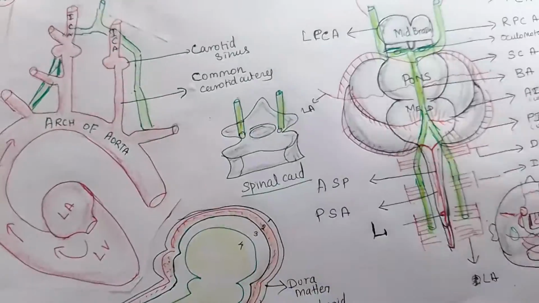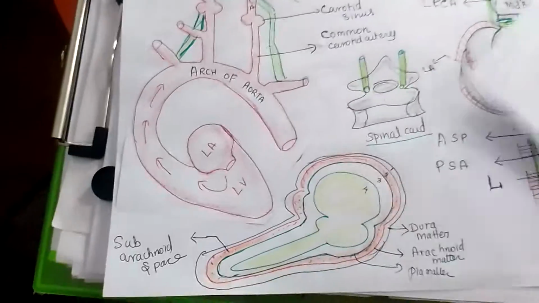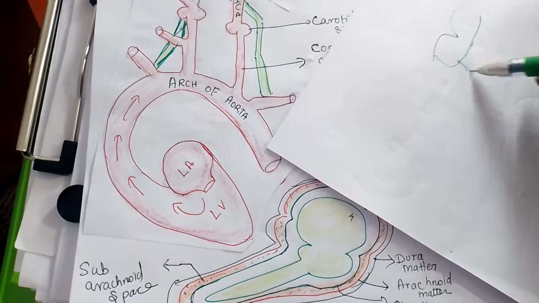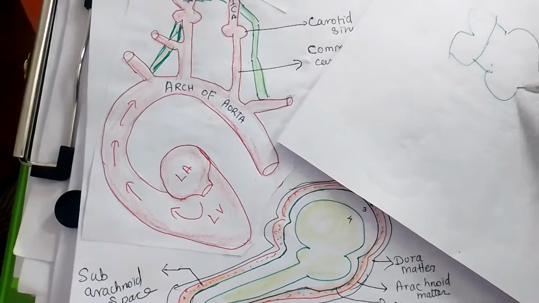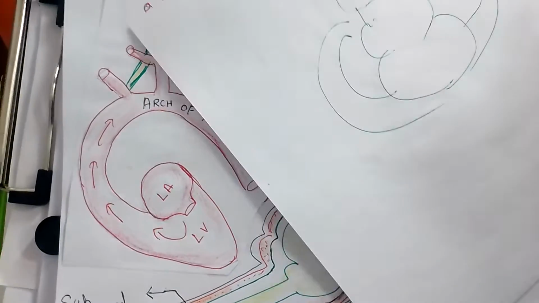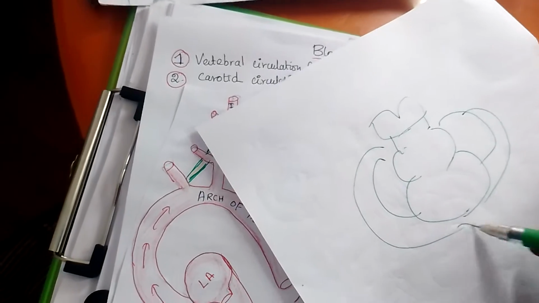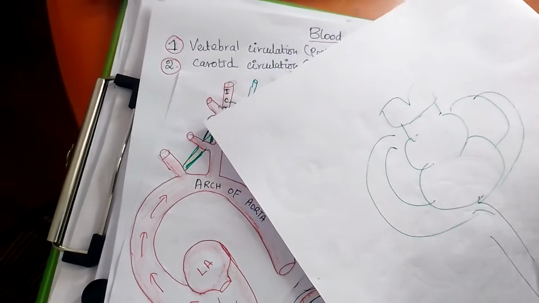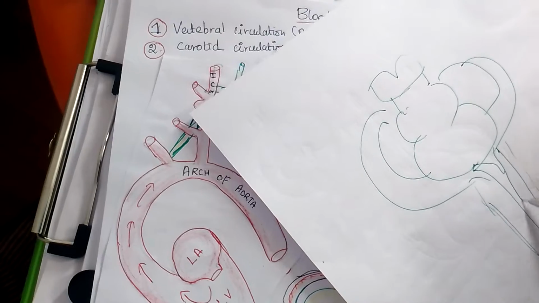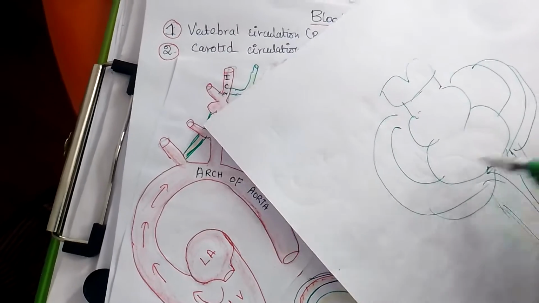So you can very well draw a very simple diagram. You can draw the midbrain, pons, and medulla oblongata. Very easily you can draw the arteries, the spinal cord, and the arteries going down, the anterior spinal artery, the PICA, the AICA.